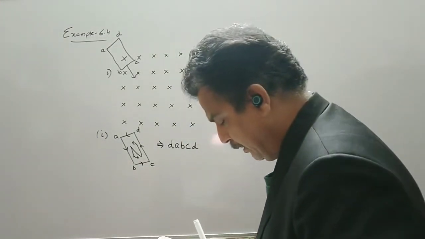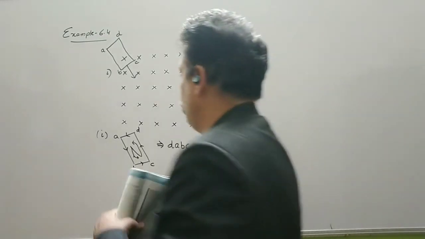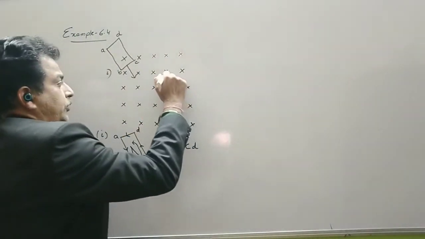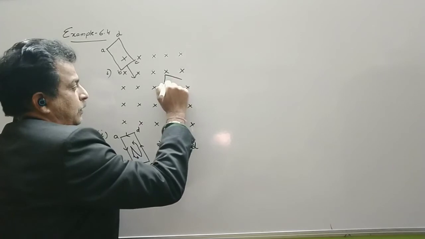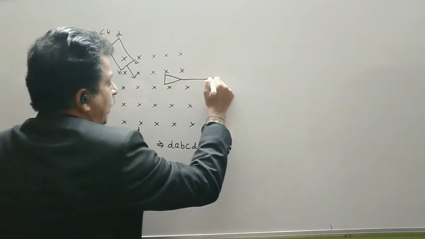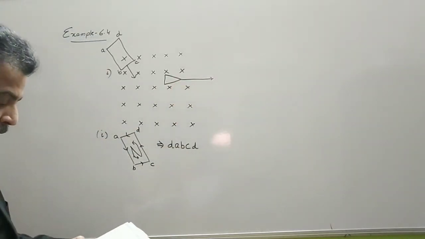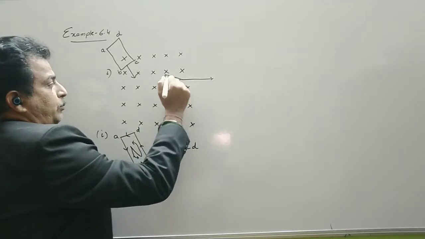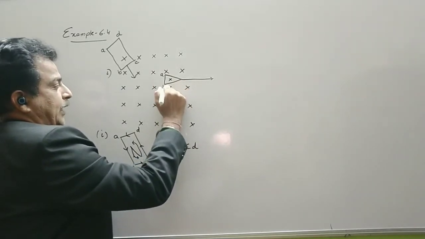Second case, we have a triangular loop with vertices A, B and C. This loop is moving out.